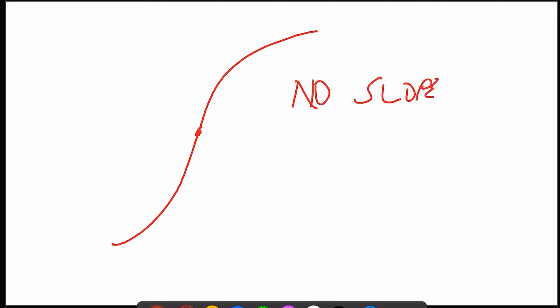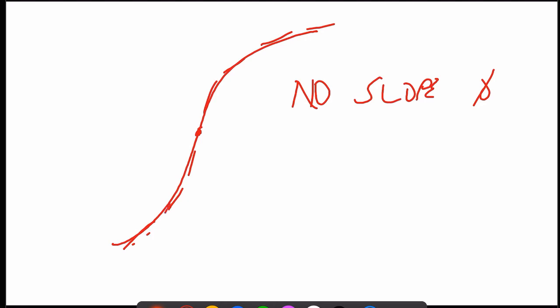And then the other is like this, the opposite. And at that point, essentially, there is no point on here where the slope equals 0. But we change from plus to minus in the slope, right?